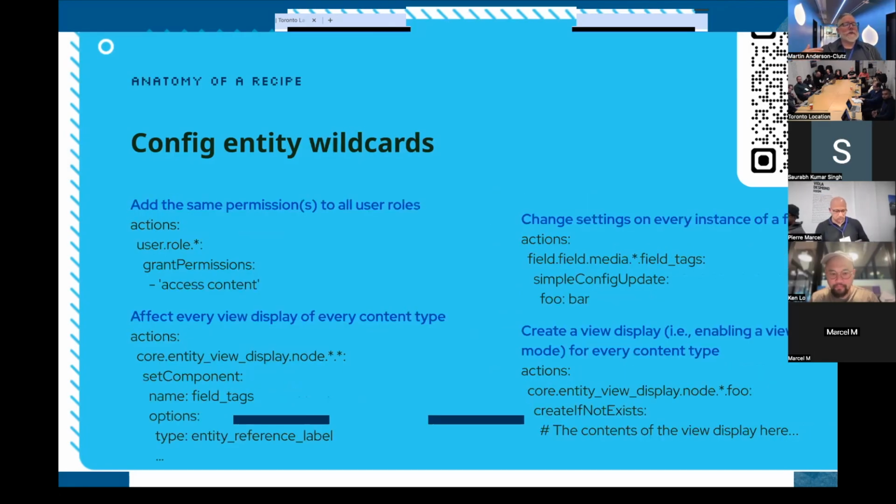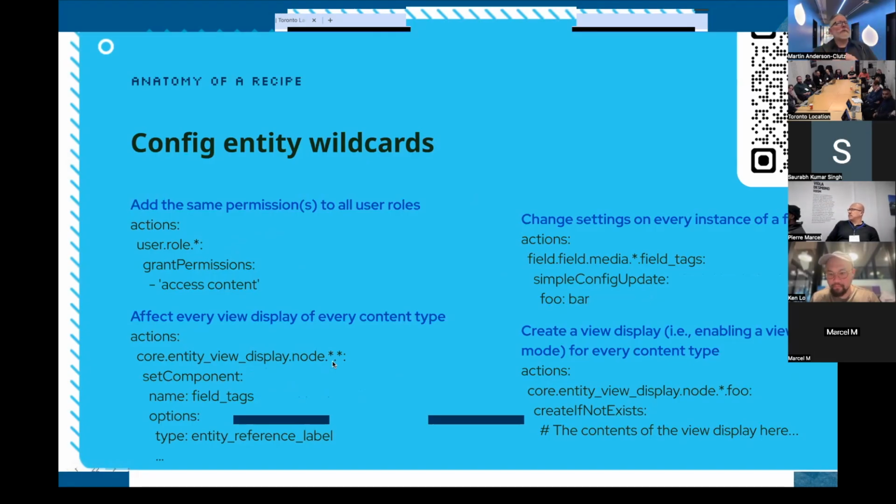There are also a number of these config actions that will accept wildcards in terms of where they should apply. So we can say we want to grant permissions to all roles, as an example, or maybe we want to set a component and have it apply to every view display of every content type, right?